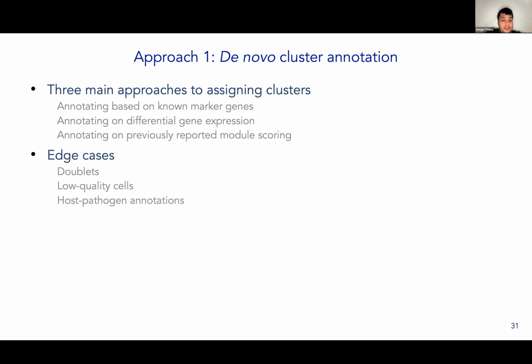There are certain edge cases that we also have to take into account, for example doublets, which you evaluated a bit with Daniel and Daniela before. There are also low quality cells, either apoptotic cells, which are biologically low quality, or technically low quality cells, which will seem like a different cell type or cell population, but they're not necessarily.